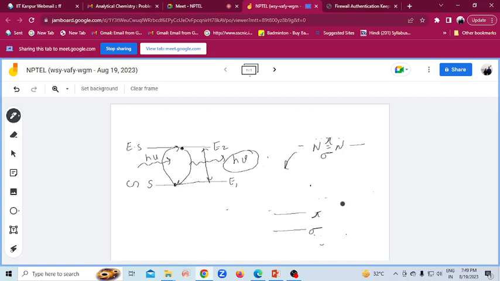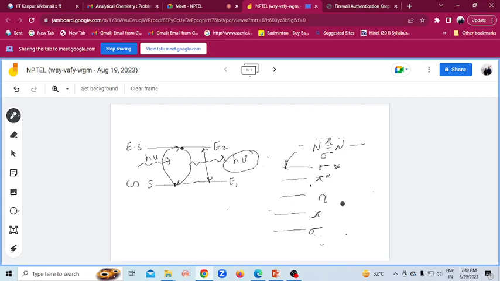Lone pair means two electrons which are non-bonding, so it will be n also. Then it will be pi star anti-bonding, and finally sigma star, the anti-bonding of the sigma bond, and the anti-bonding of pi.